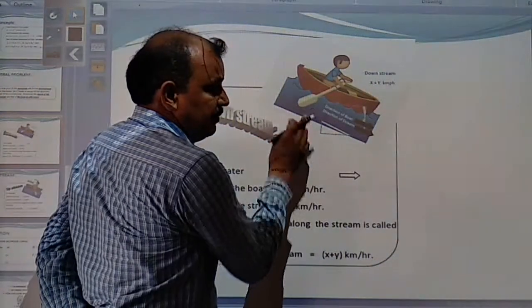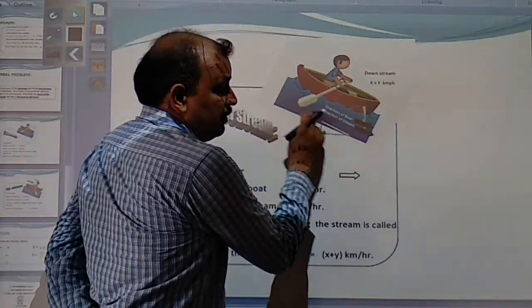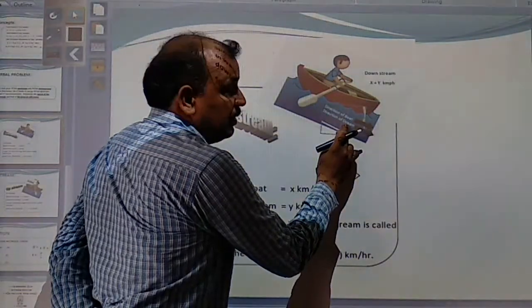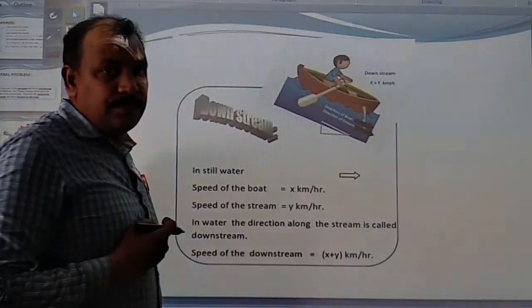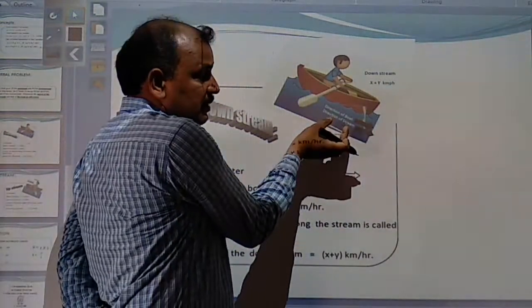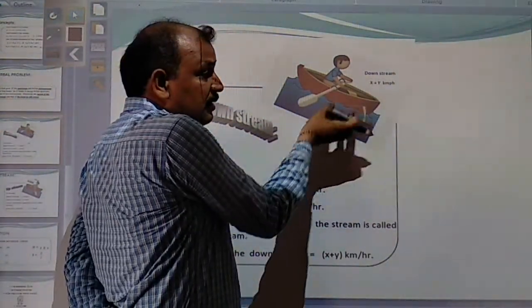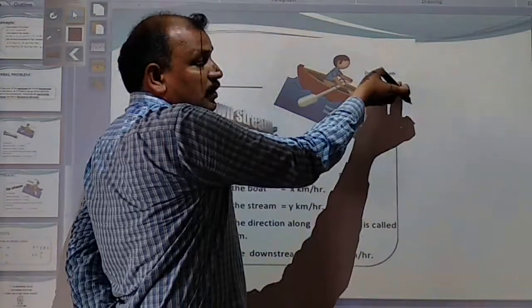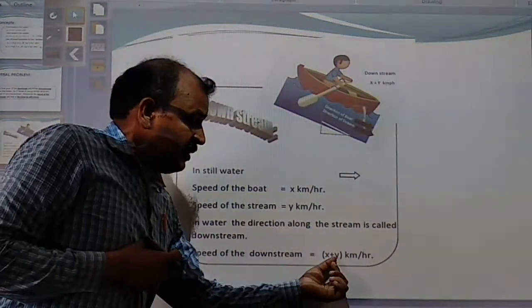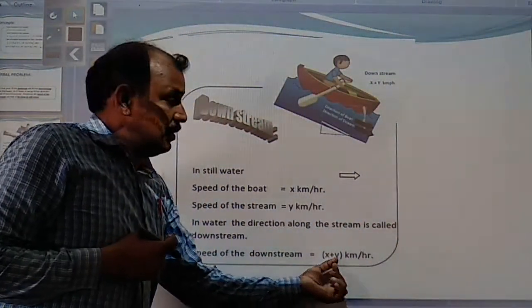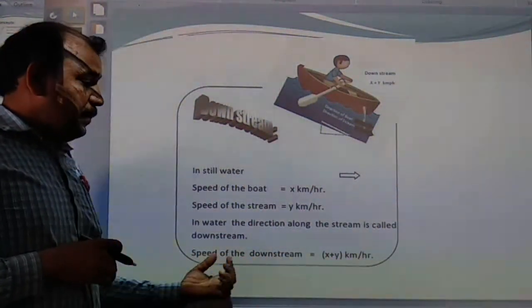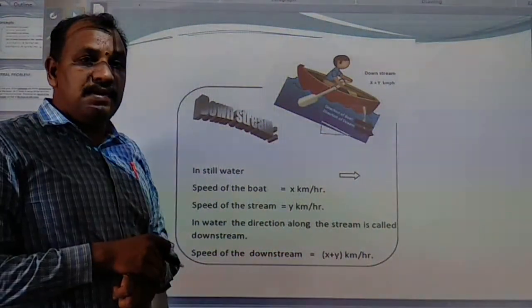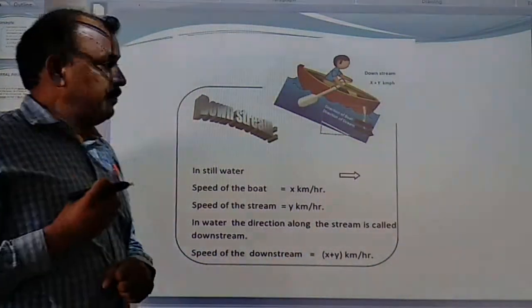In this case, the stream increases the speed of the boat. That means we are taking plus. Along the stream is plus. So, speed of the downstream is x plus y kilometers per hour.